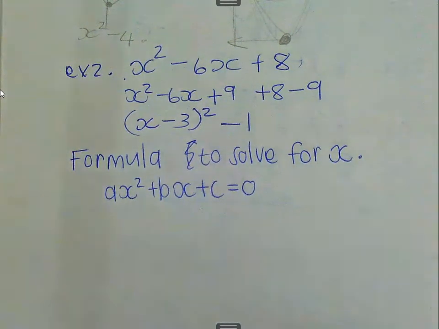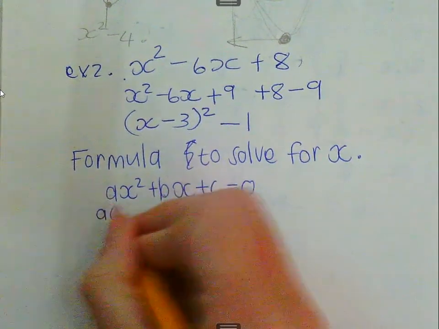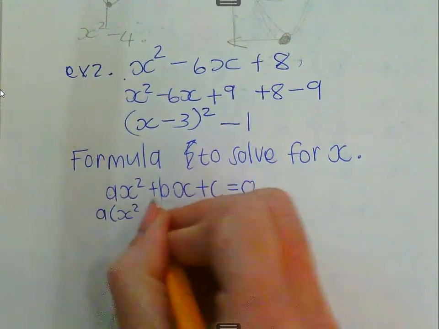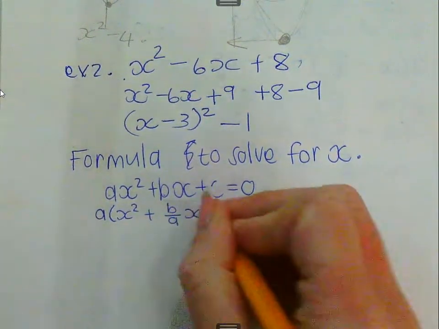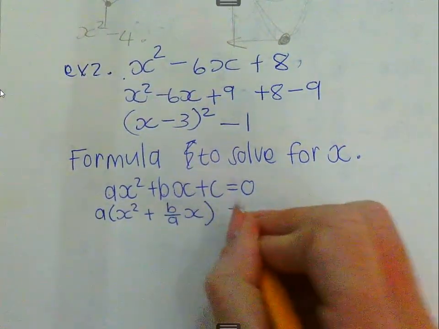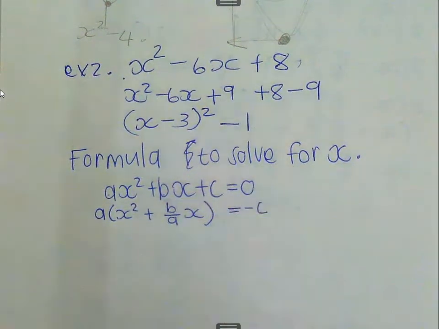Okay, let's look. If I want to complete the square, I first have to take a out of the first two terms. So it's going to look like this. X squared plus b over a x, and then I close the bracket. And in this step, I'm just going to take the c to the other side, minus c.